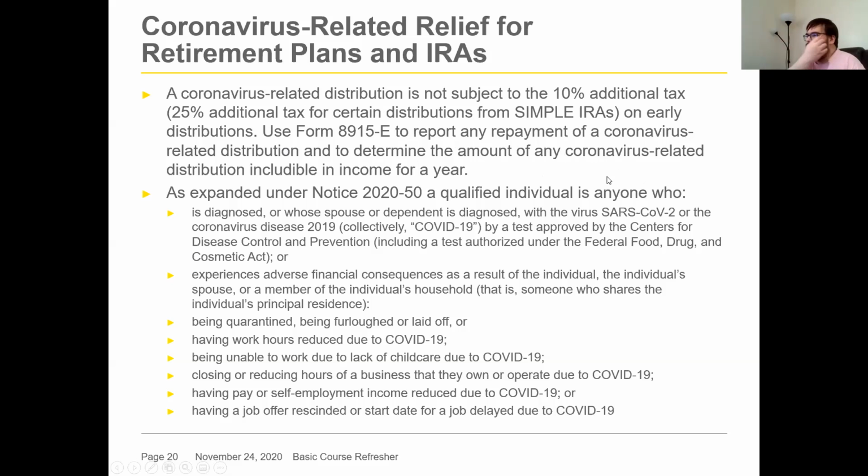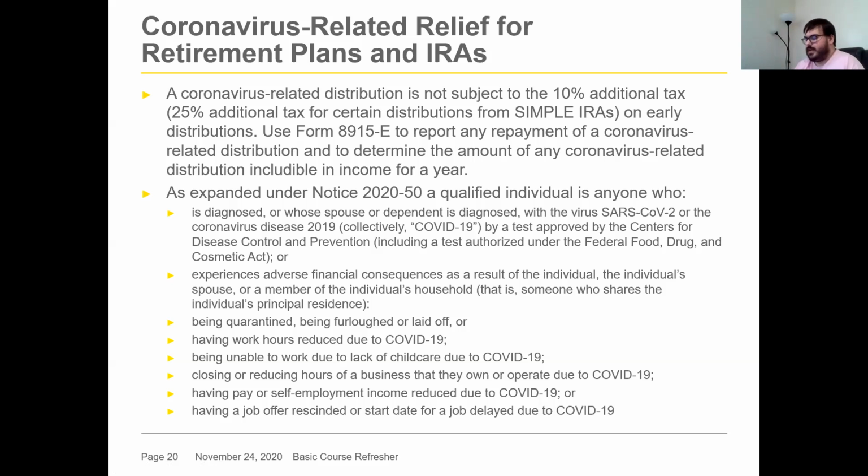I won't go through them now, but at a high level, you either have to be diagnosed or be married to somebody that was diagnosed, or have a dependent that was diagnosed, or you have severe financial consequences: you were furloughed or laid off, you had your work hours reduced, you couldn't work. There are a lot of ways that you can qualify, but I'll cover this more when we do the tax law updates.